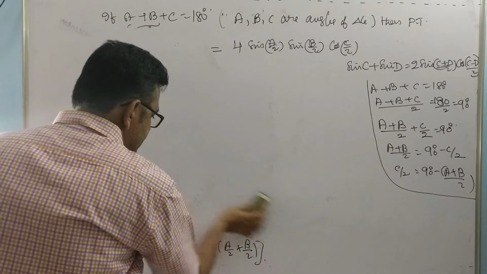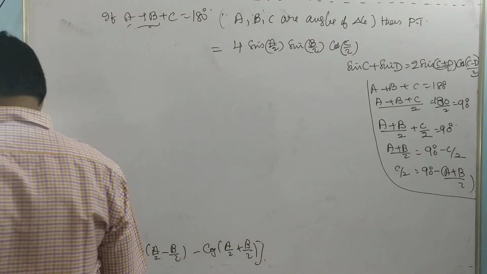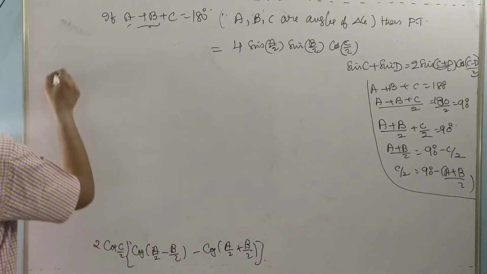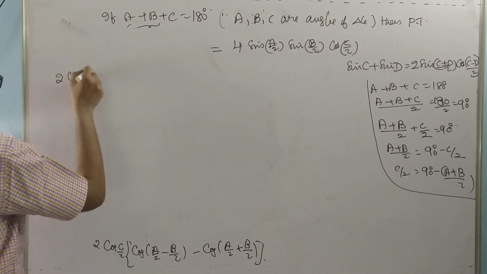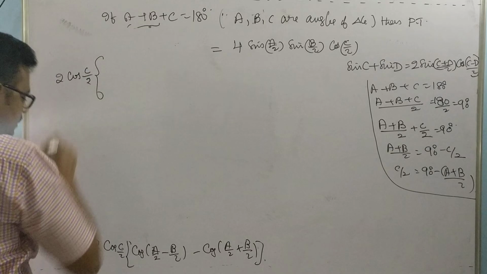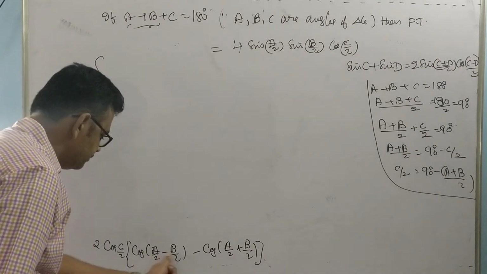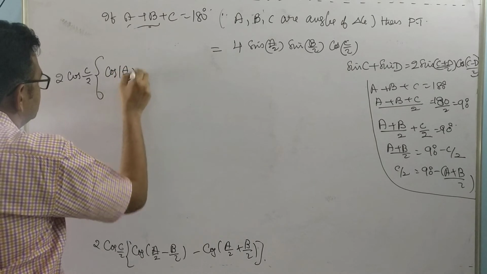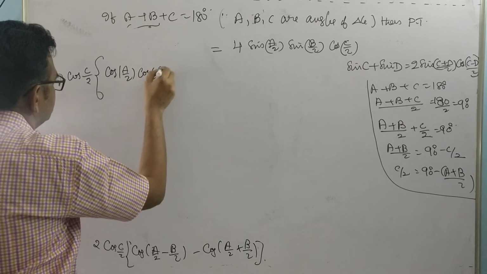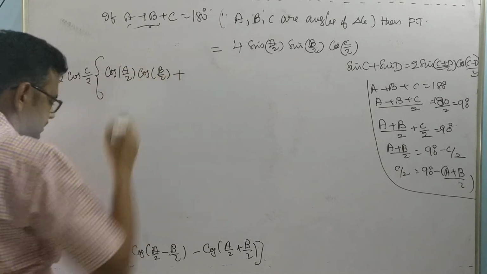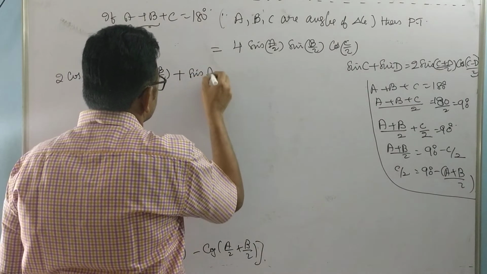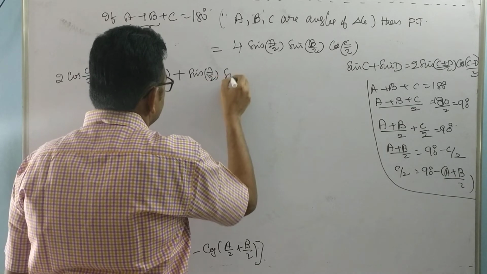So if you write this expansion, this is 2 cos C by 2 into cos of (A minus B), where cos of (A minus B) by 2 means cos A by 2 into cos B by 2 plus sin A by 2 into sin B by 2.